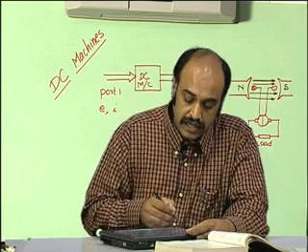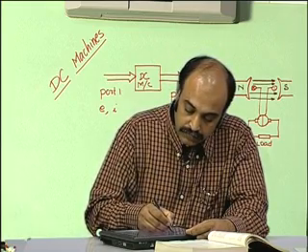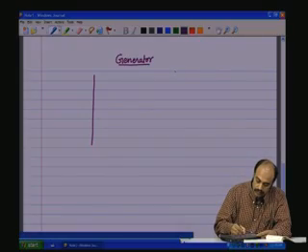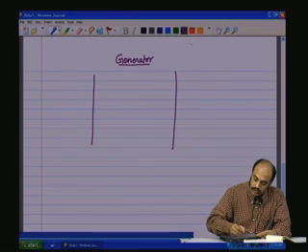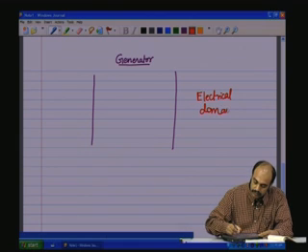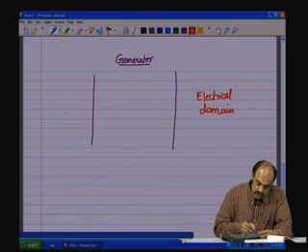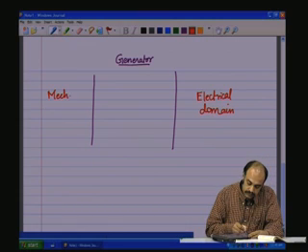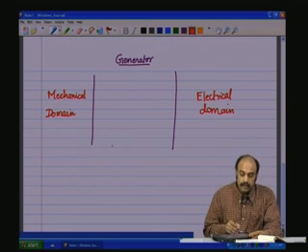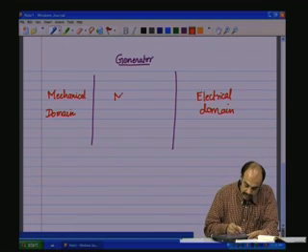Let us say it is the case of the generator. Ultimately you will need to have the energy in the electrical domain. The energy emanates from the mechanical domain as far as this equipment is concerned, and it passes to the electrical domain through an intermediary medium, and that is the magnetic domain.